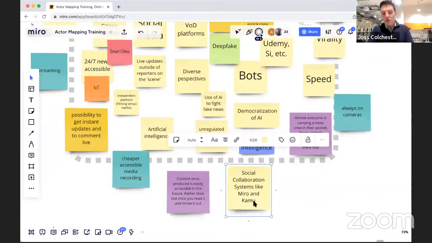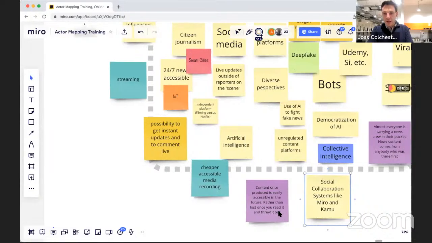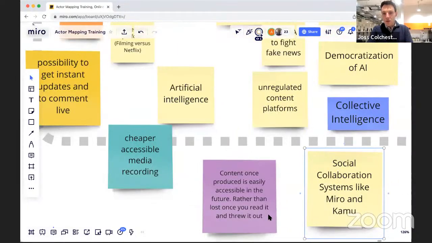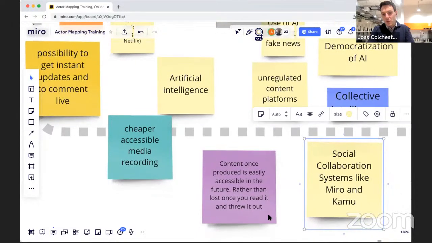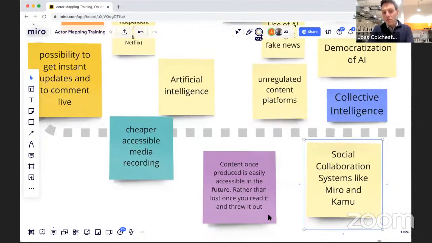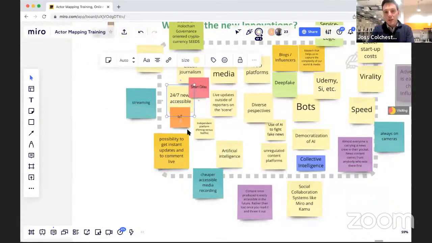Is that to do with the media landscape? I'm not sure it is; it might be more to do with work. Cheap access to media recording, content produced is easily accessible in the future rather than lost once you read it and throw it away. 24/7 news access, Internet of Things.